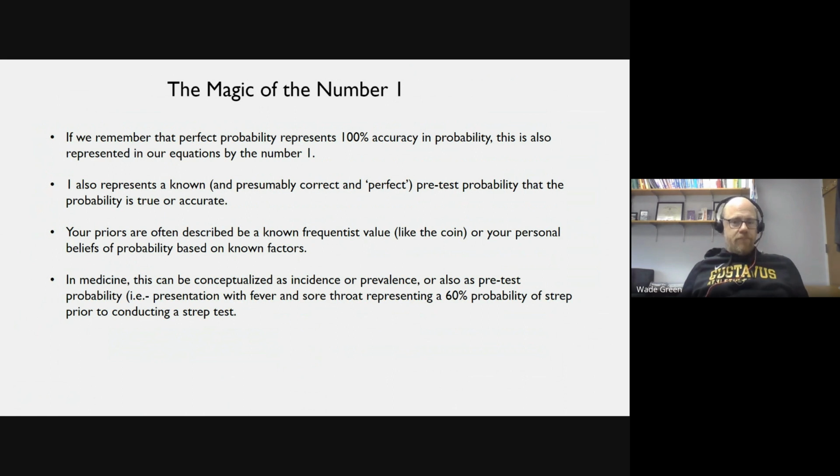So this could be described as incidence or prevalence, or pretest probability. We talked about that previously. So if we know the incidence of a certain injury over a given period of time, that can be our prior and or our known value. Same with our prevalence. And so we can utilize that known value as a prior, and then utilize a Bayesian approach to predict an outcome based on number of occurrences.